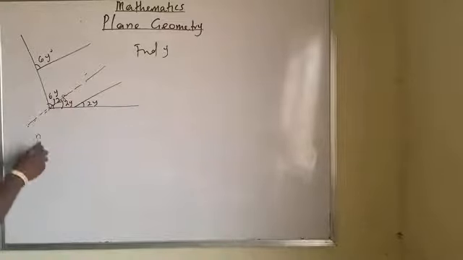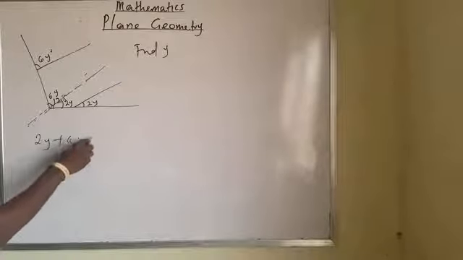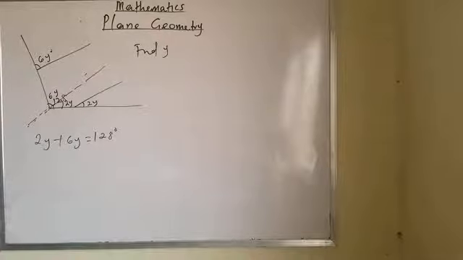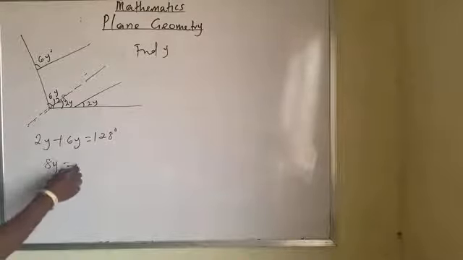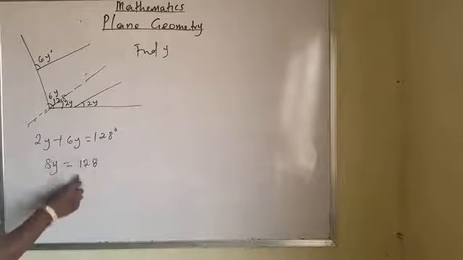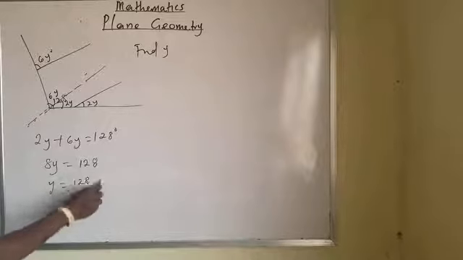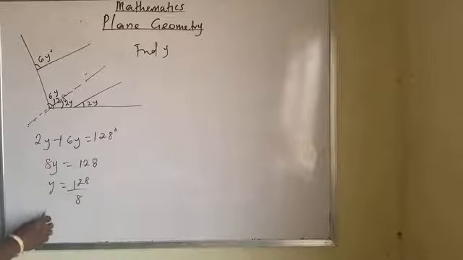It means 2y plus 6y equals 128 degree. Now 8y equals 128. Then y is 128 divided by 8, which is 16. y equals 16 degree. That is all about that.